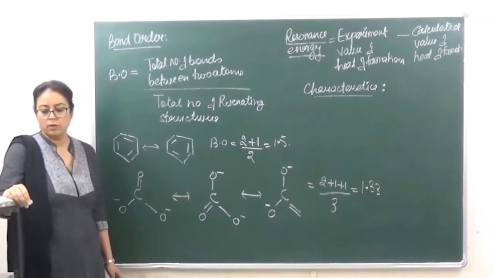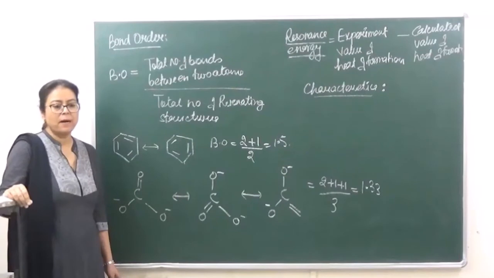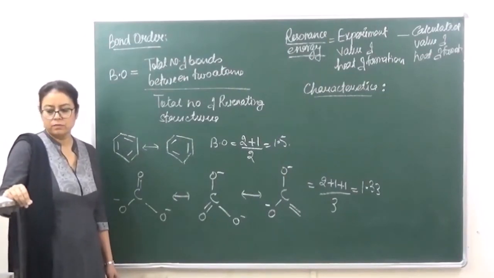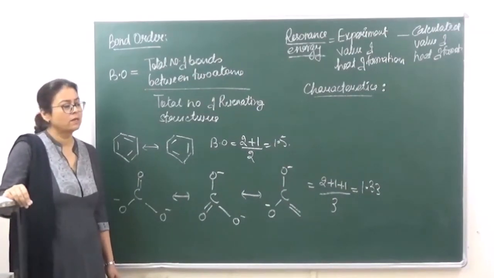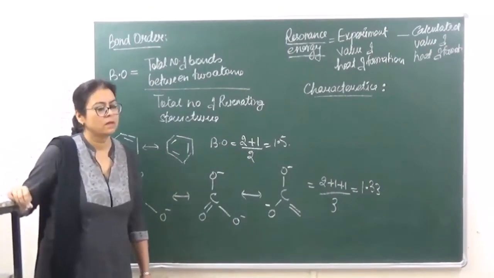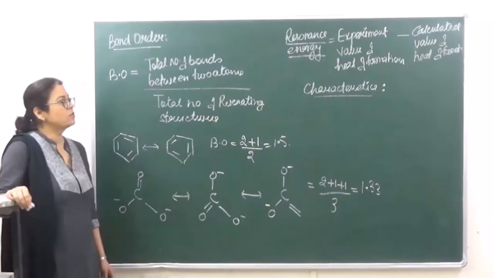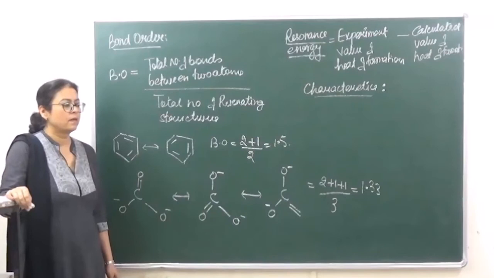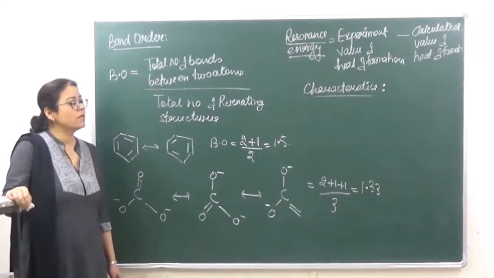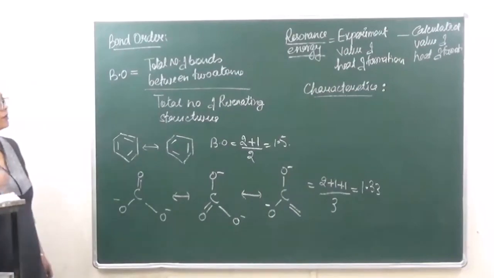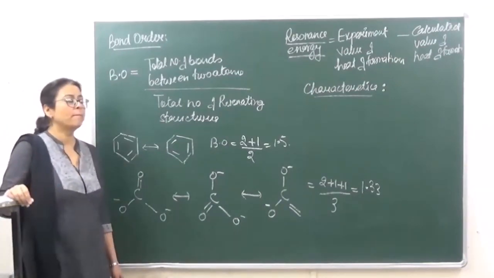Number 2, resonance imparts extra stability. Greater the resonance energy, more is the stability. Now why is this happening? Because resonance energy is the energy released. So if more energy is going to be released, the molecule is going to become more stable.